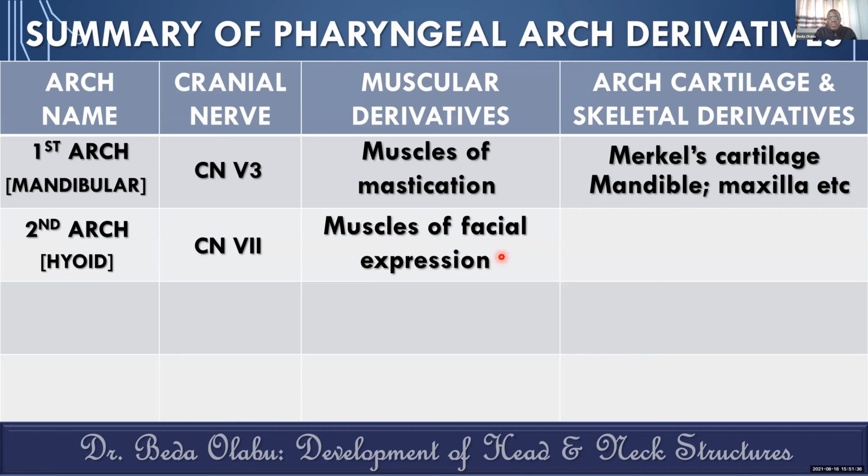However, apart from those muscles, which we will classically qualify as muscles of facial expression, there are also other muscles which are also from the second pharyngeal arch, although you might struggle to call them muscles of facial expression, perhaps because of their anatomical location. For example, the muscles that move the ear, like auricularis superior, auricularis posterior, and auricularis anterior.